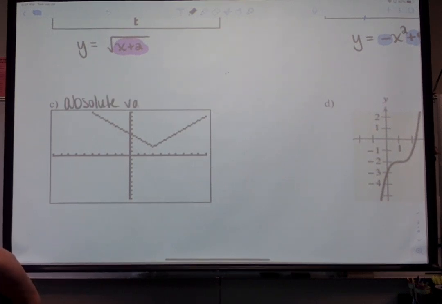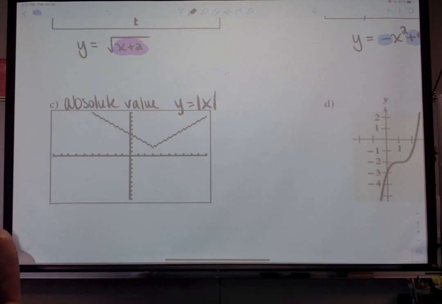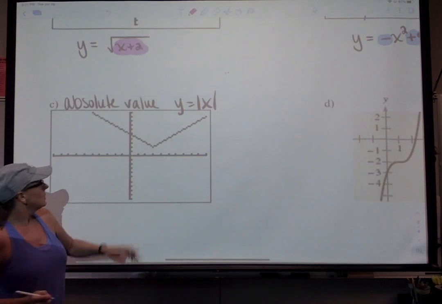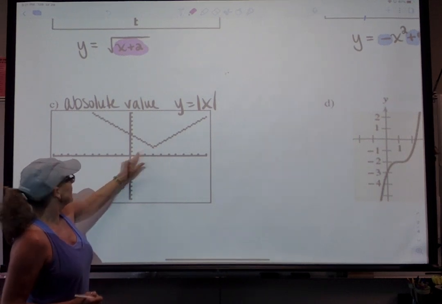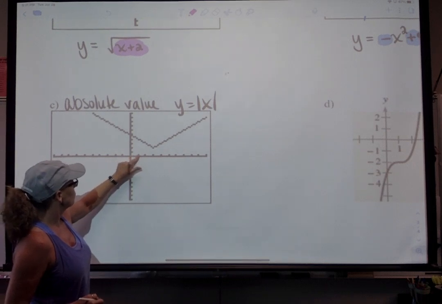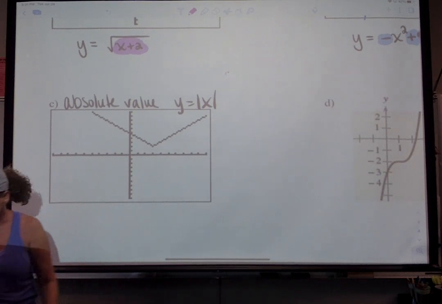One is absolute value. Y equals absolute value of x. Okay, and normally the vertex is at the origin. So I think it went 1, 2, 3. I think it went right 3.